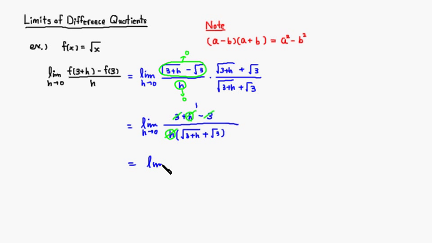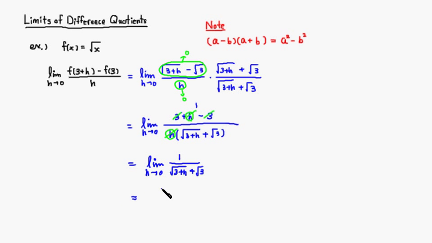So you have the limit as h approaches 0, with 1 on top. Then what's left is square root of 3 plus h plus square root of 3. Right? Then what you do is just plug in, so see what you can get.